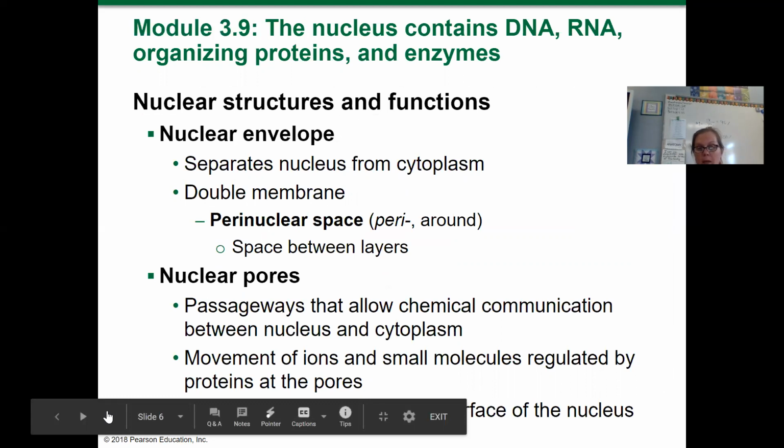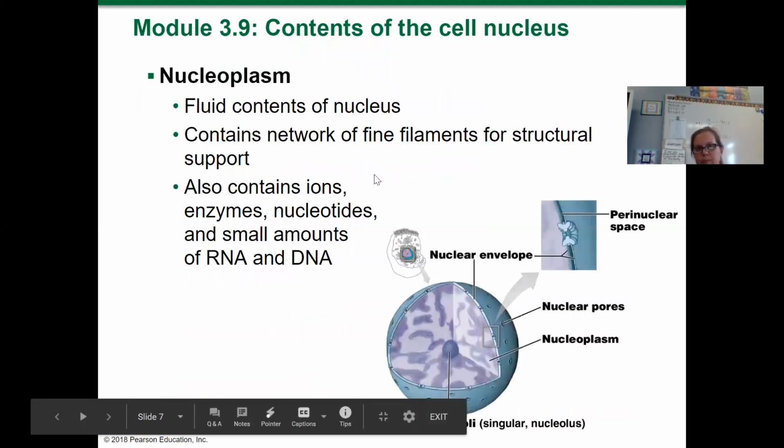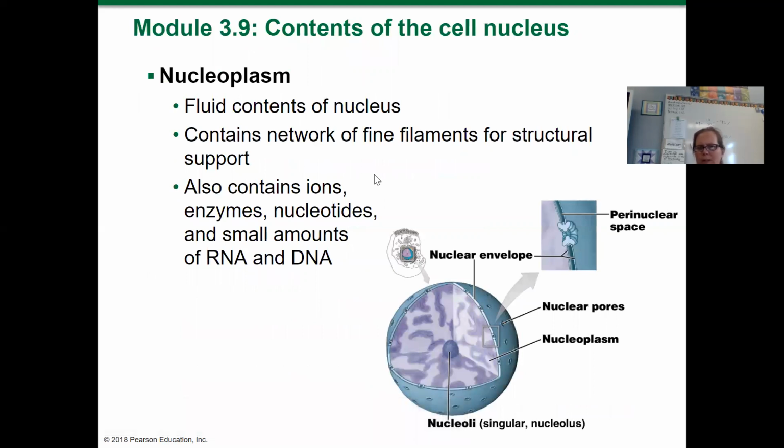Remember, in transcription and translation, the RNA leaves the nucleus through these pores. The nucleoplasm is comparable to the cytoplasm. It's the fill inside the nucleus, and it contains fine filaments for structural support, but also ions, enzymes, nucleotides, and some RNA and DNA.